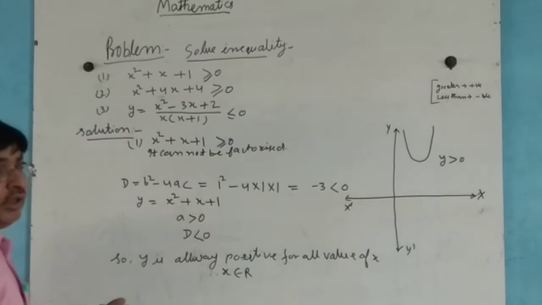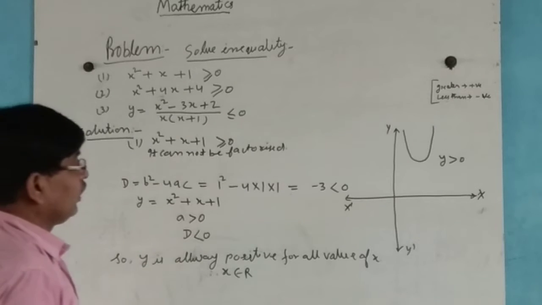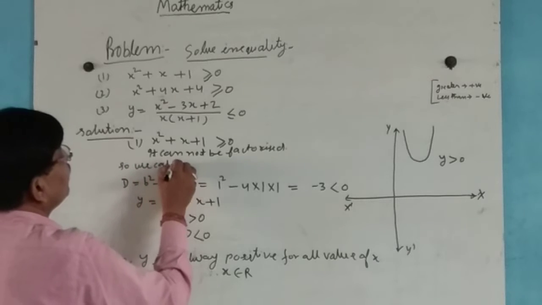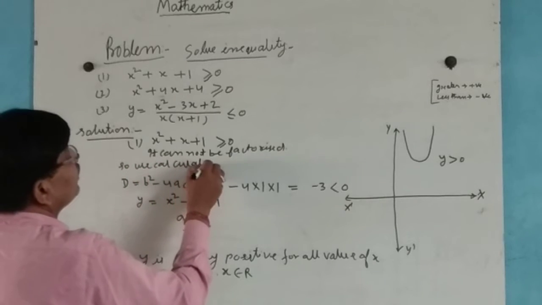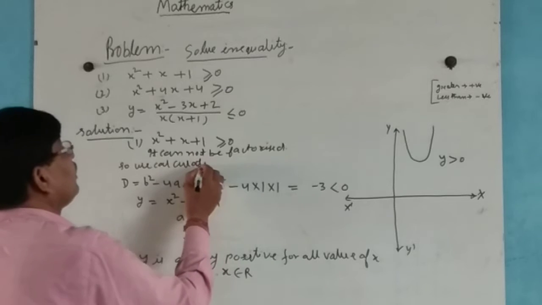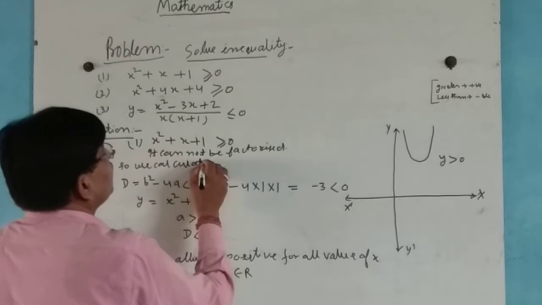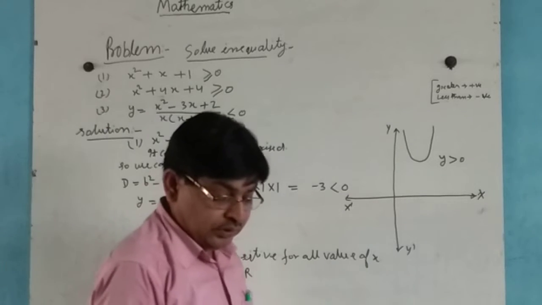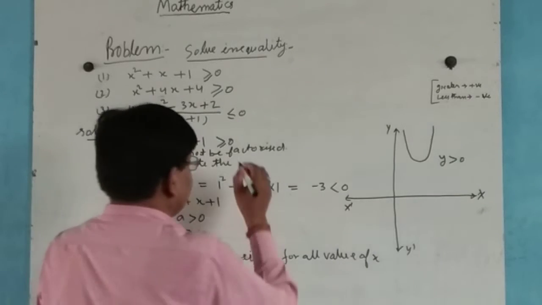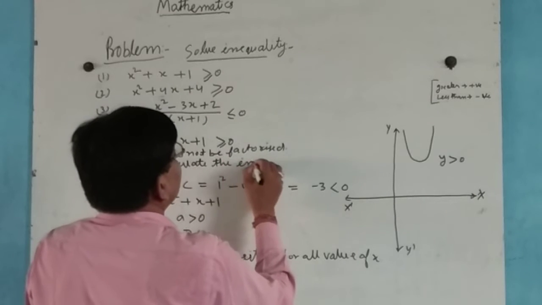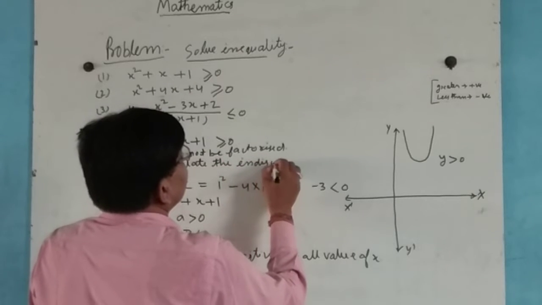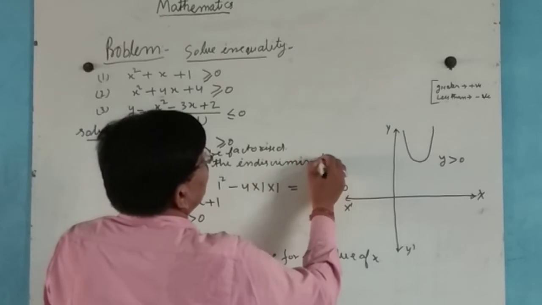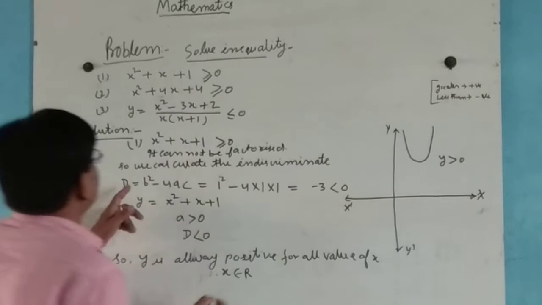It cannot be factorized. So we calculate the discriminant.